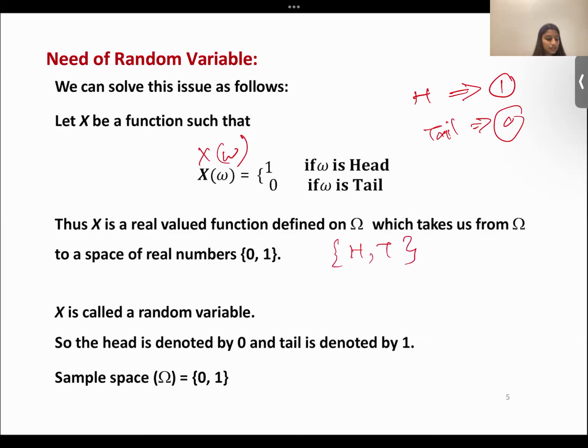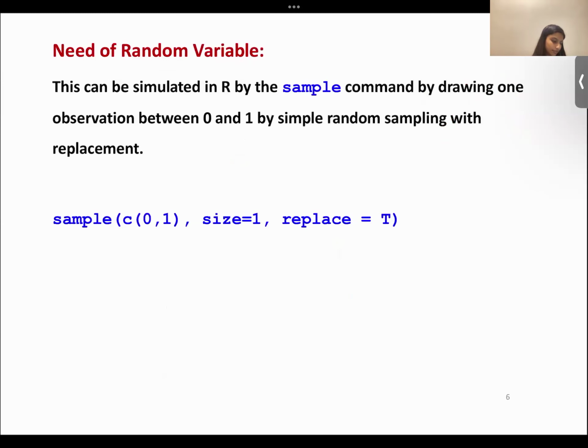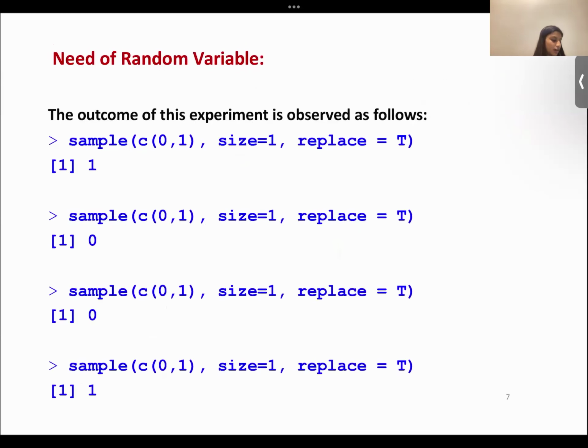But since you have assigned these to some values, the sample space now is 0, comma 1. So this is x1 and this is x2. So this X here is called a random variable. And it's called random also because the outcome is random. Like you don't know what the outcome would be unless your experiment is completed.